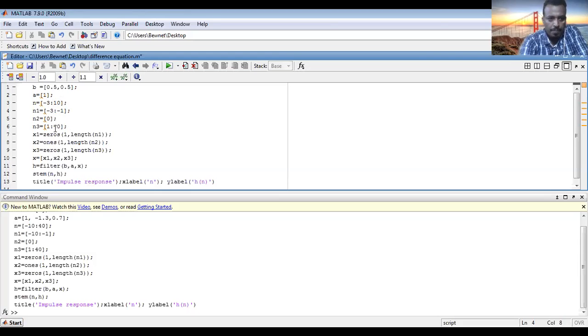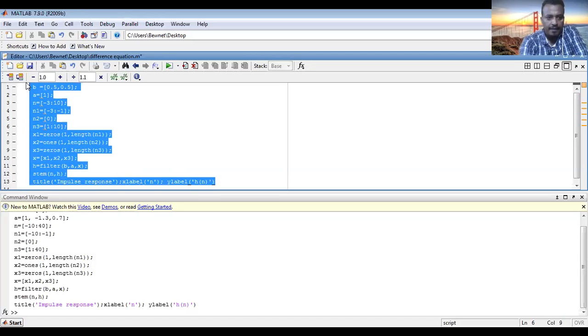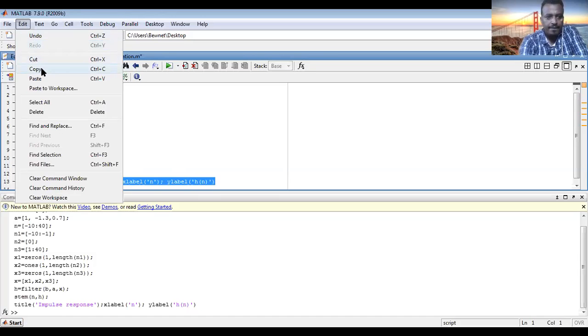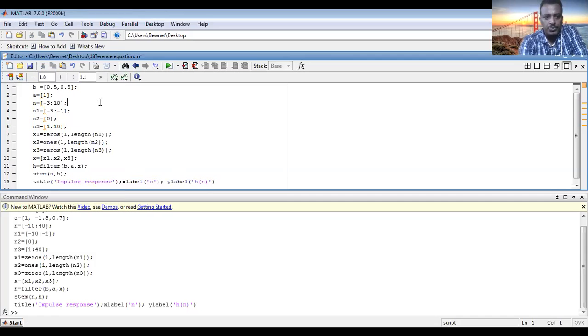N2 is 0. Here from 1 up to 10. Now you see the system is another system. If you change A and B, the system will be different. This represents your system from the difference equation.